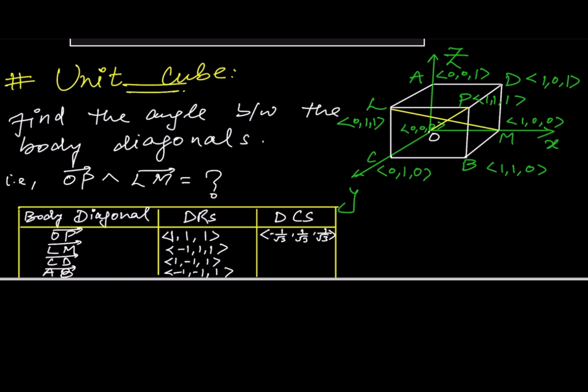For LM, this is minus 1 by root 3, 1 by root 3, 1 by root 3. This is 1 by root 3, minus 1 by root 3, 1 by root 3. And this is minus 1 by root 3, minus 1 by root 3, 1 by root 3.